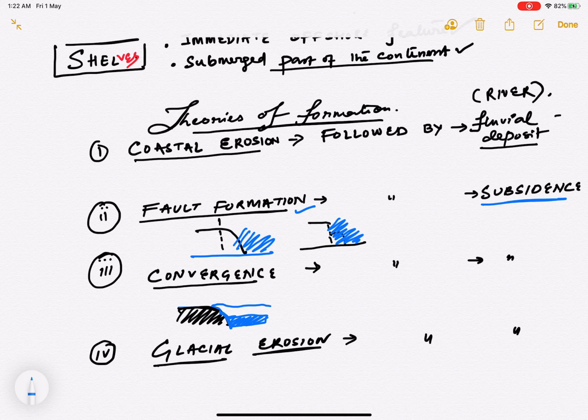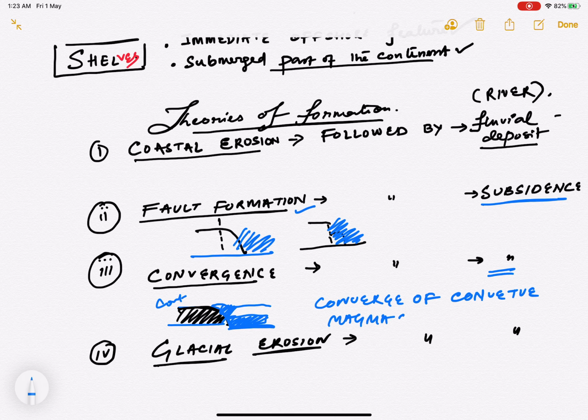That is the convergence of the continental granitic crust and the basaltic crust at the margin, followed by subsidence. Why does the submergence take place? Because of the convergence of convective magma currents. Convective magma currents flow from here, they converge, resulting in convergence and subsidence.